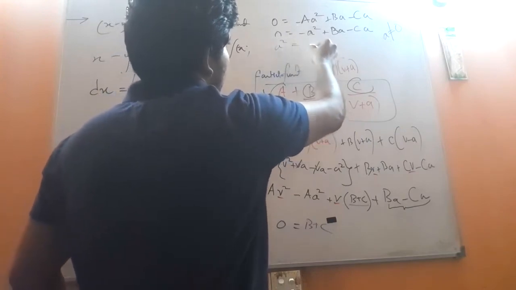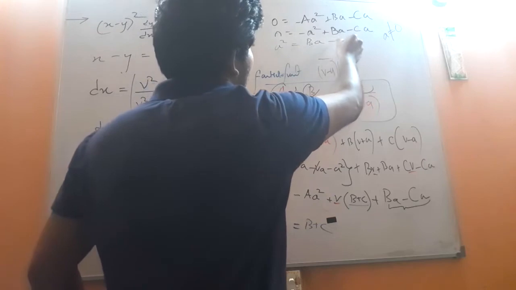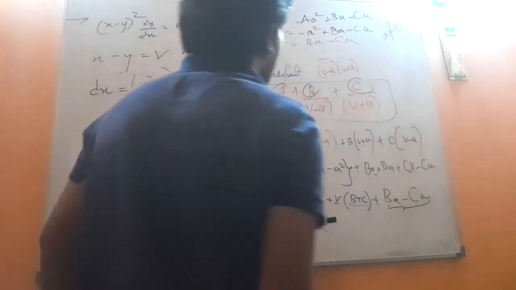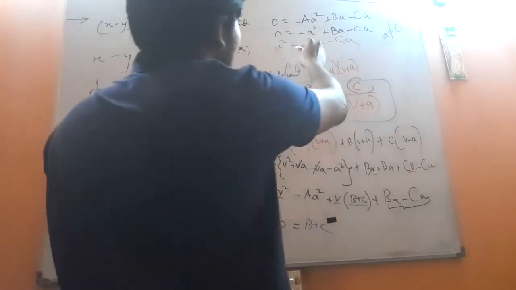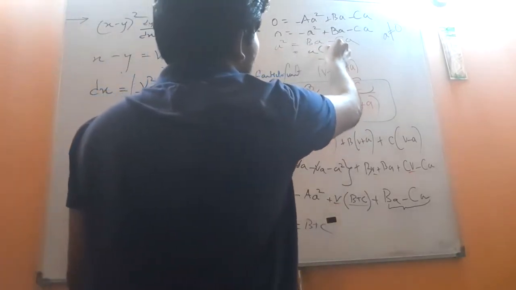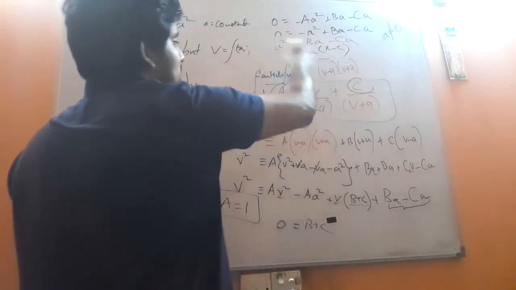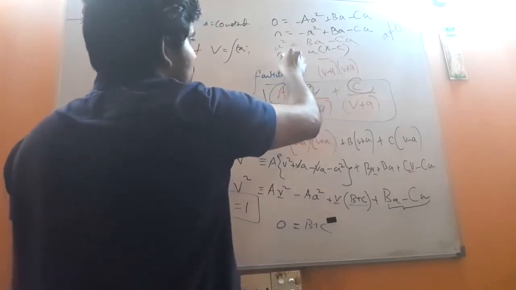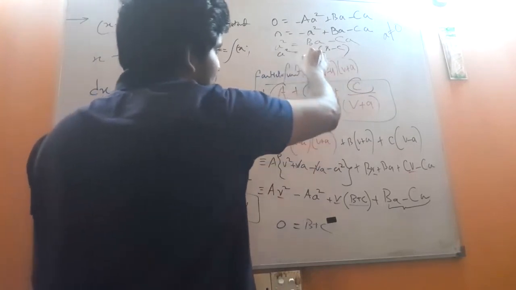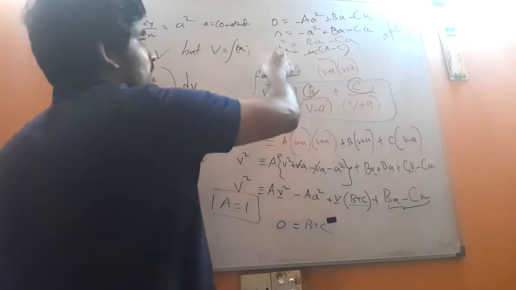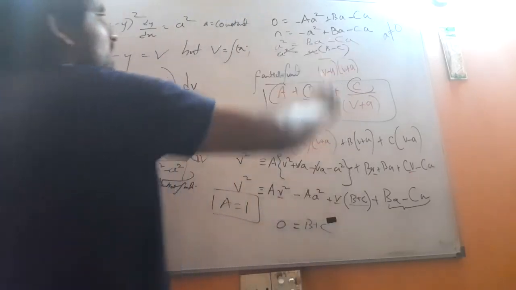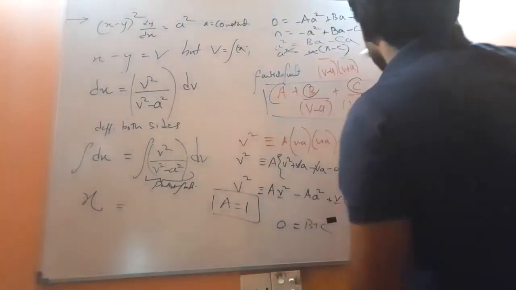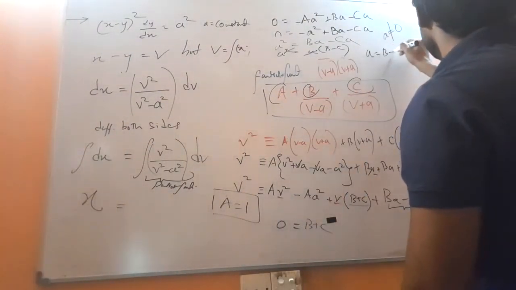A squared equals BA minus CA. So now you can take this A as a factor, right? So you will be getting B minus C. Here also you have A squared, so you can cancel one A from here. So you will be getting a result like A equals B minus C. I hope you got it. A equals B minus C.